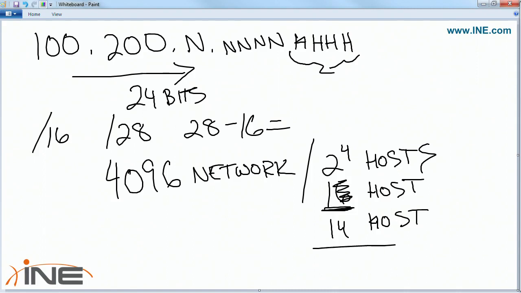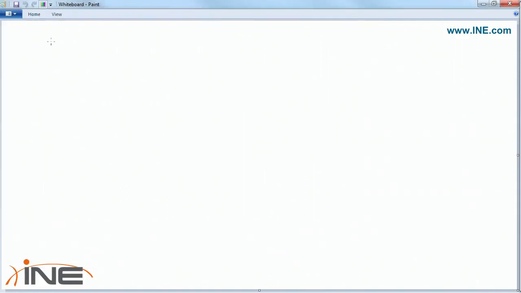Maybe I need something like 72 hosts, where I have some subnet that has 72 Windows machines or 72 devices, and I need to make sure that I can fit this inside of this network. So the longhand way to do this would be to look at what this value is in binary.